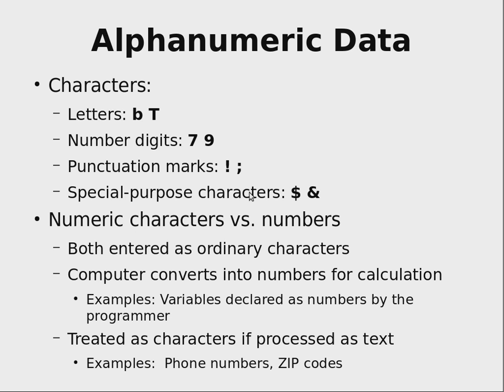And particularly for numbers, numbers are stored differently than characters because the purpose and meaning of a number is to make calculations easy and fast, like addition, subtraction, multiplication, division.